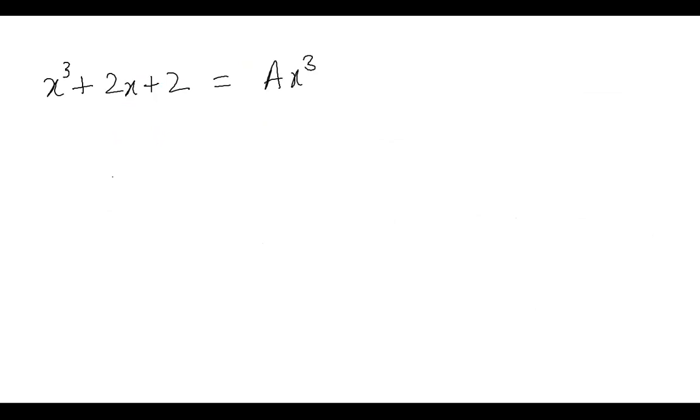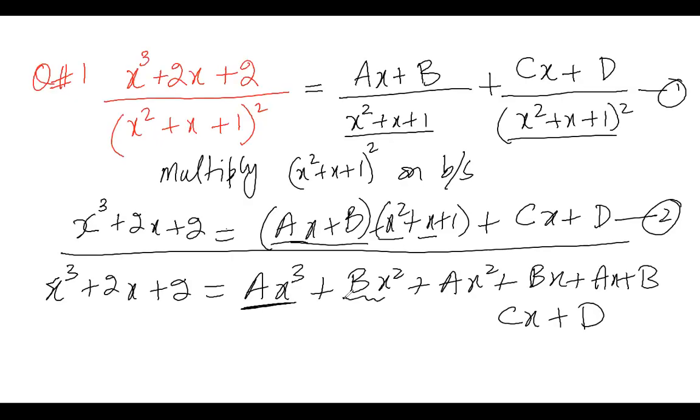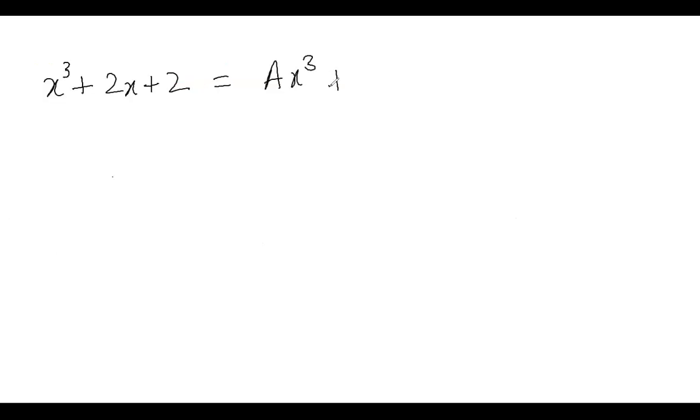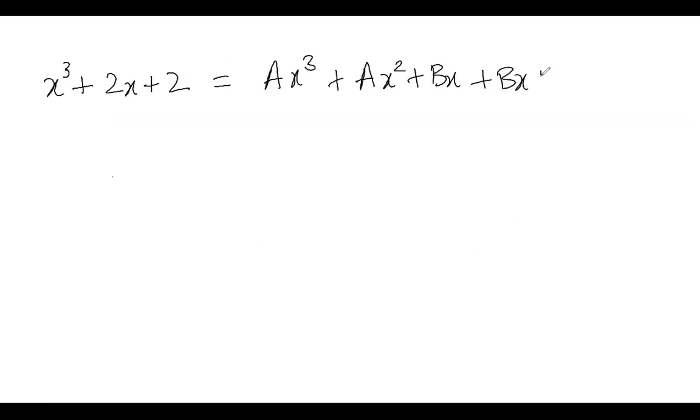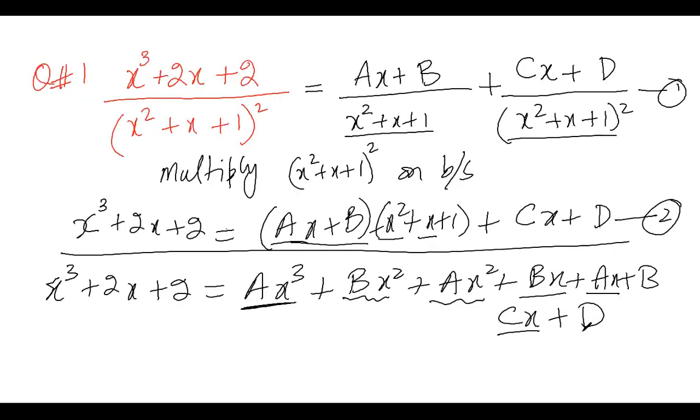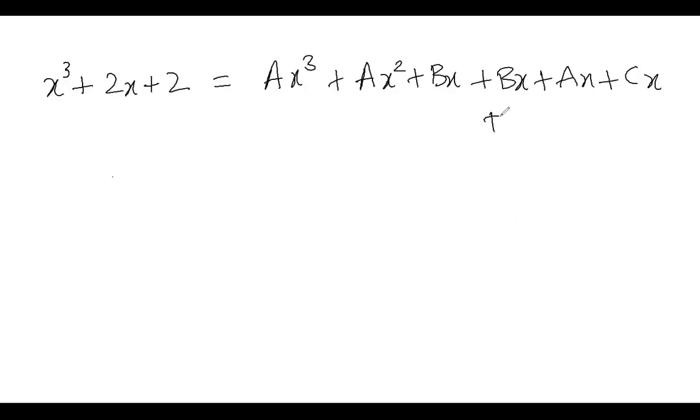Now the terms which are quadratic: bx square, ax square, plus bx. Now the terms which are linear: bx, ax and cx, bx plus ax plus cx, and the constants b and d, plus b plus d. Okay, sorry, this is also square.